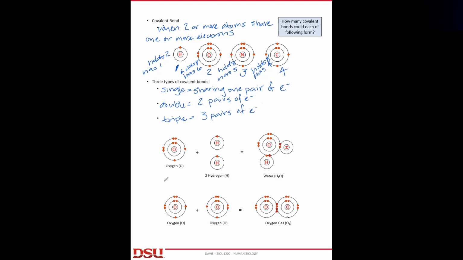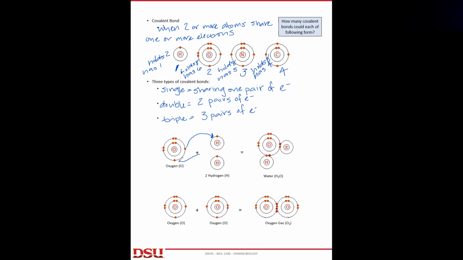So if we're looking at hydrogen and oxygen, again, we're getting water, right? So hydrogen wants 1, oxygen wants another 1. Actually, hang on a second. That's confusing. Okay. And so when oxygen shares this electron with hydrogen, hydrogen essentially gets its second and oxygen gets its 5th.